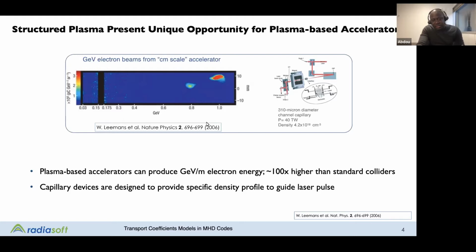In this experiment, a capillary filled with hydrogen was ionized, and then a terawatt laser was used to propagate through that low density plasma and to generate a very nice beam.